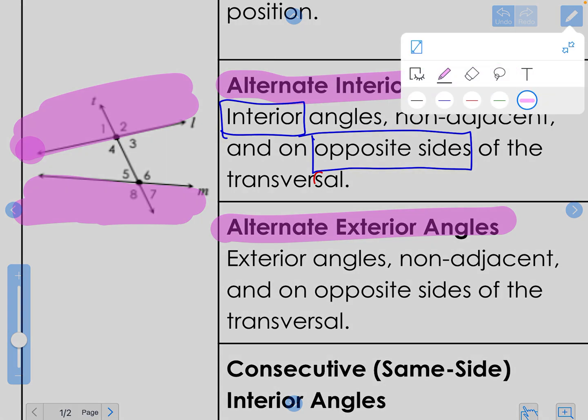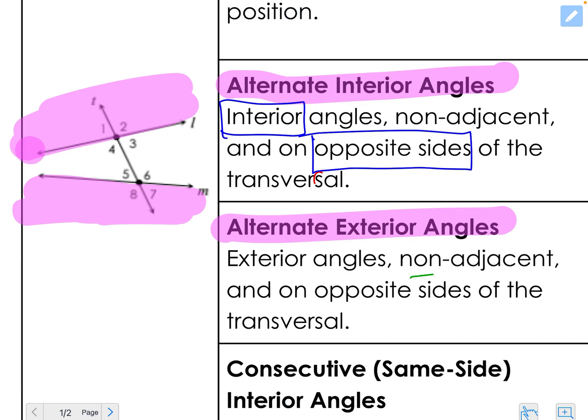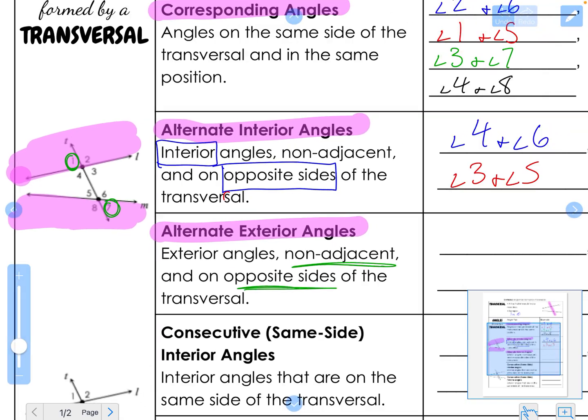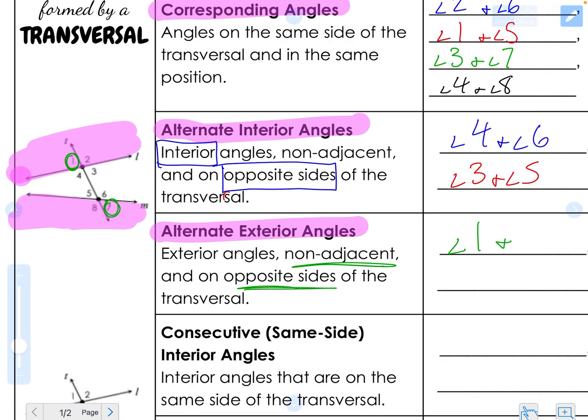So the same rules are still going to apply. They need to be non-adjacent, and they need to be on opposite sides. So if I've got angle 1, the opposite side non-adjacent is going to be angle 7. So angle 1 and angle 7 are going to be our alternate exterior angles, which means that 2 and 8 are going to be our other pair of alternate exterior angles.